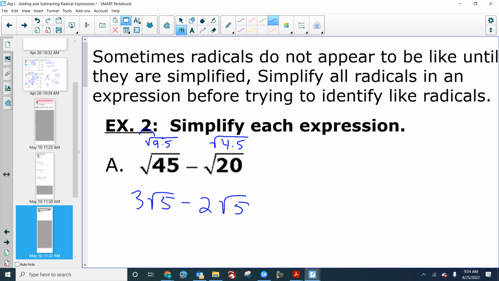Now, Vince, can I subtract them? Yes. Why can I subtract them, Vince? Well, what do they both have underneath the radical sign?